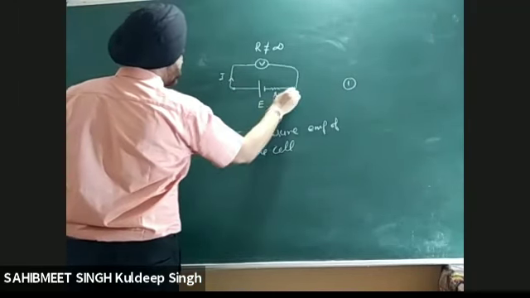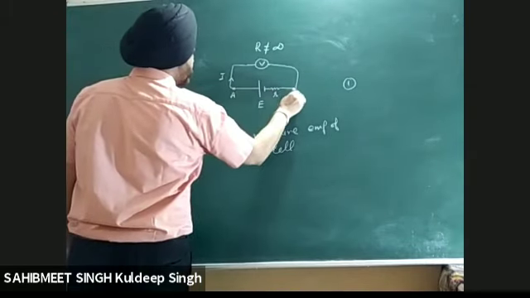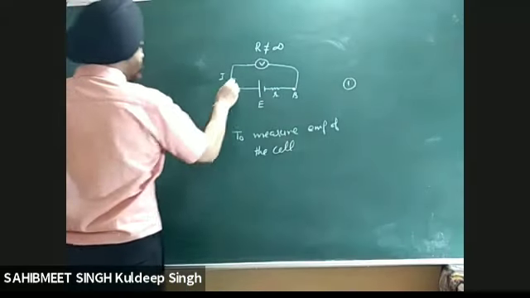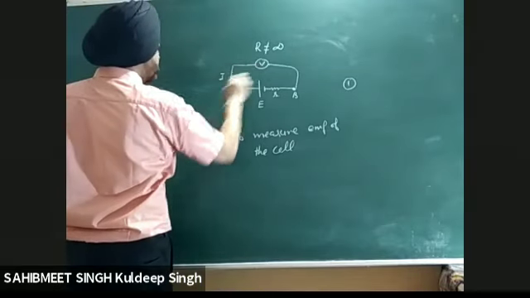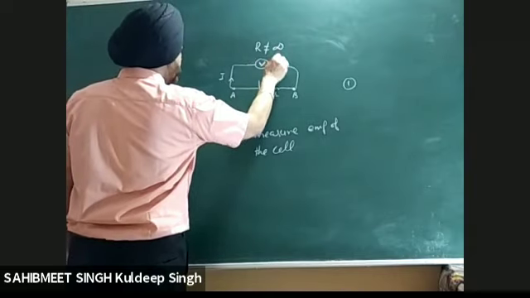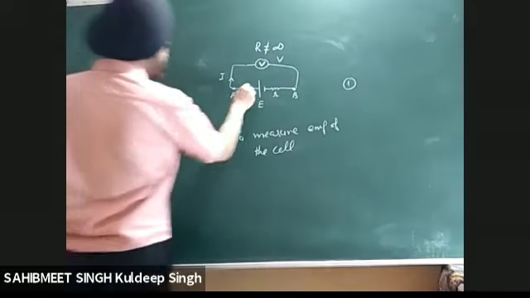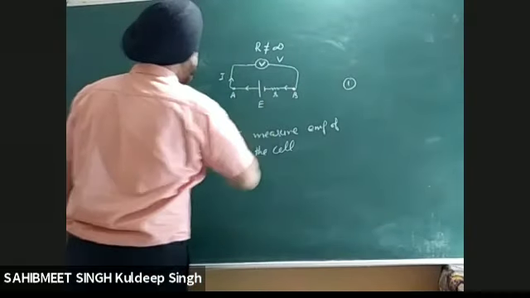Some current will flow through the voltmeter. So here current I is going. Let us say the reading of this voltmeter is V. This is the current.